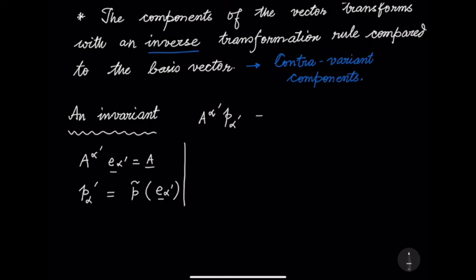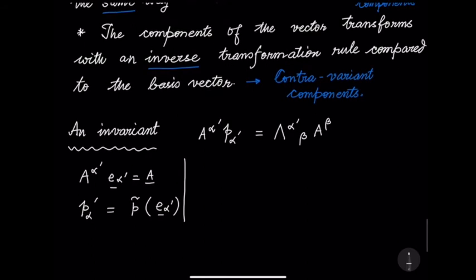Right? So this is how you got these two. Now these two, if I now try to write the transformation rules in terms of the corresponding things in the unprimed coordinates, then I will get this. And for P alpha prime, it will transform the other way. So I have to write here, say gamma. See, I do not choose beta because of the reason we just discussed a little while ago. But this index is alpha prime itself. And then I have P gamma.